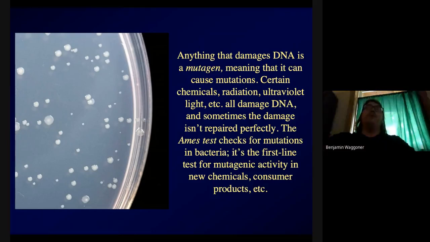It's not perfect, but it's the first line test for mutagenic activity in new chemicals and new consumer products. So, drugs or industrial compounds, things you might find in your deodorant or your hair dye or something like that. The first test that they'll do is an Ames test.